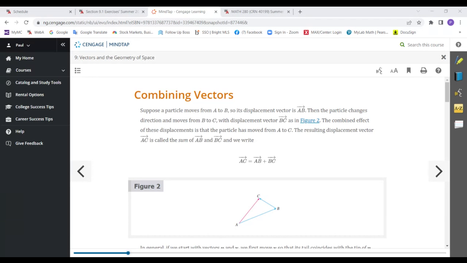So you add vectors tip to tail. So vectors AB and BC add up to vector AC. That's how you add the two vectors.